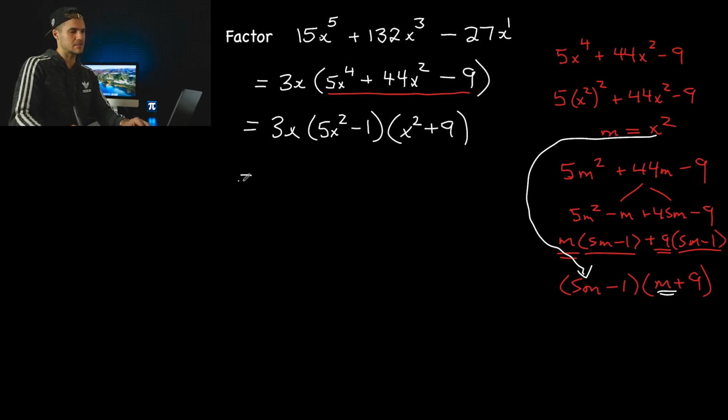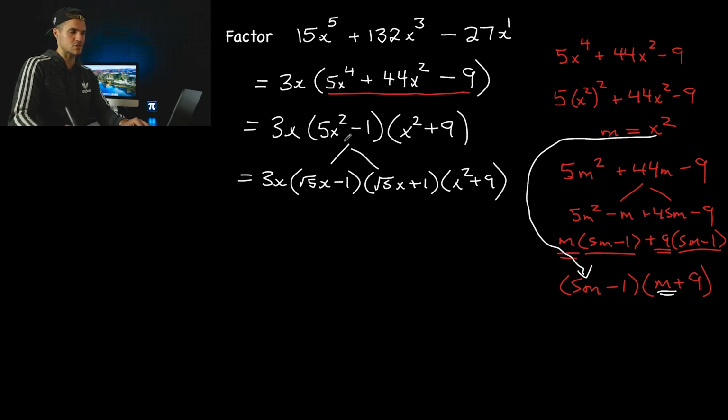Sometimes, depending on where you're getting the questions from, even though the 5 is not rootable, sometimes they'll treat it as a difference of squares. So they'll have the square root of 5 times x minus 1 and then the square root of 5 times x plus 1, right? They'll treat this as a difference of squares, and then you'll have the x squared plus 9.